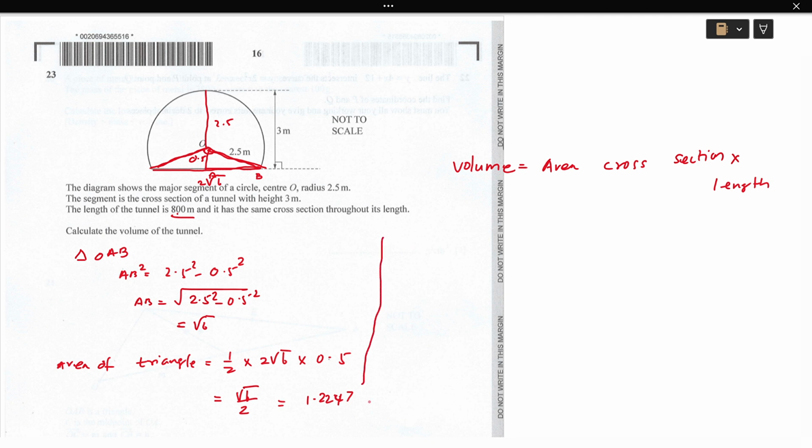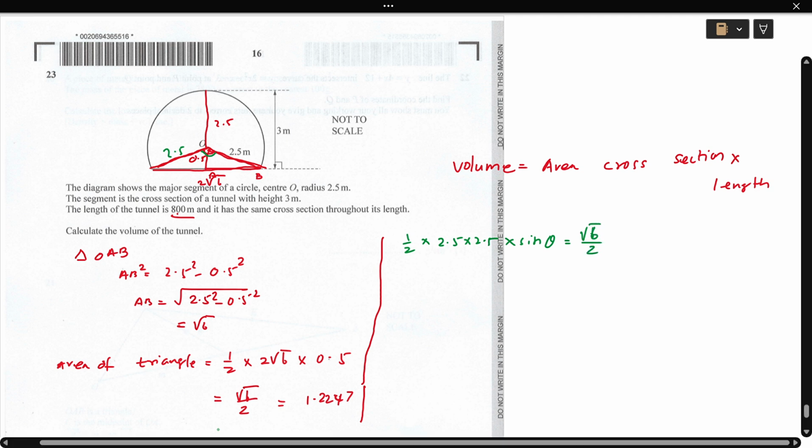Now I need to find this entire angle. I'm going to use the trigonometry area formula, which is half into 2.5 times 2.5 into sine theta, where I take the middle angle as theta, equal to the area, root 6 by 2.